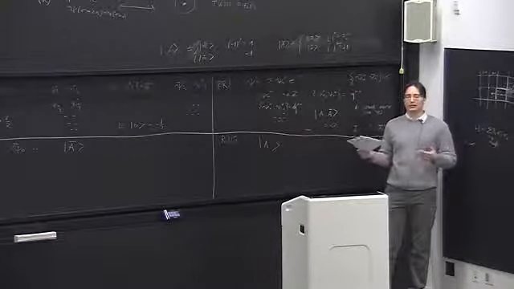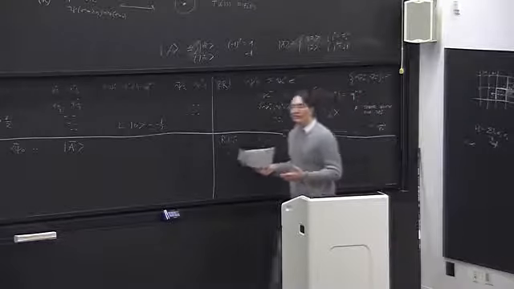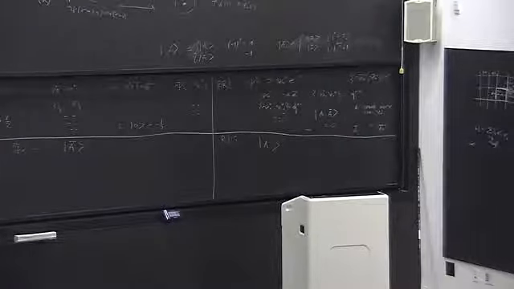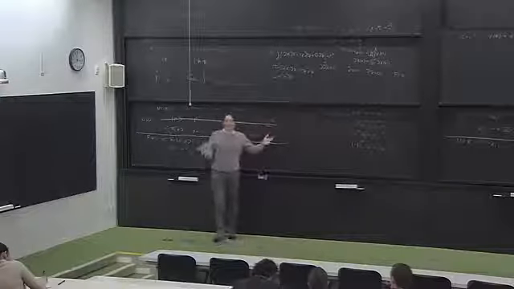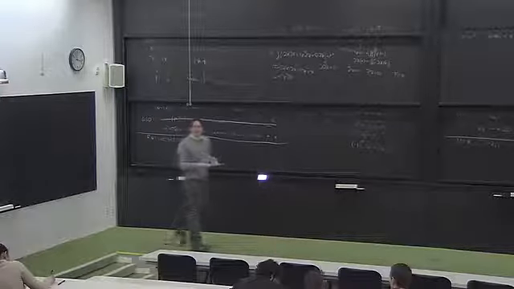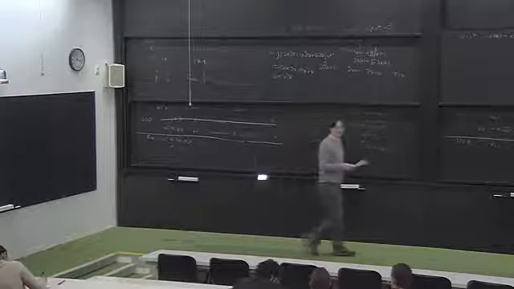They're called Ramon-Ramon fields. They're just a bunch of forms. They're generalizations of gauge fields with various numbers of indices, which couple to D-branes. So D-branes in the superstring theories are sources for these Ramon-Ramon fields.